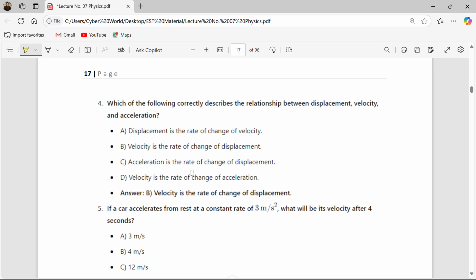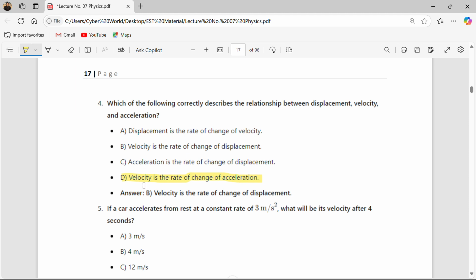Which of the following correctly describes the relationship between displacement, velocity, and acceleration?